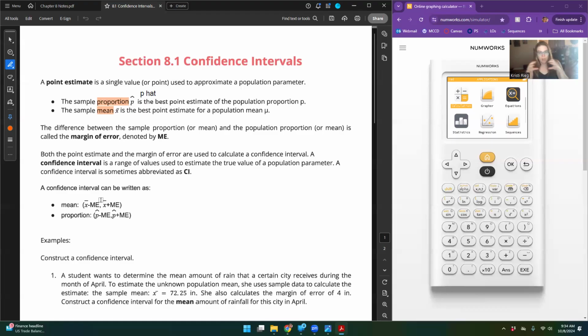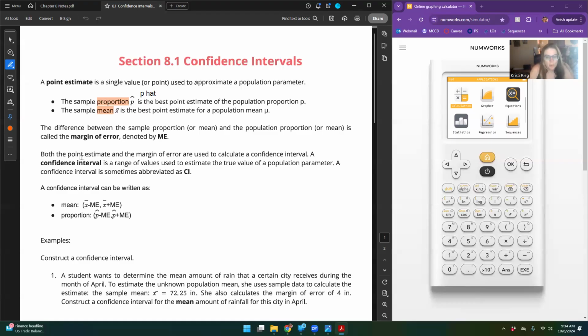So somewhere in that range is the true mean. Same thing with proportion. We have the sample proportion minus the margin of error all the way to the sample proportion plus the margin of error, and the true proportion lies somewhere in there. So we're just coming up with a range, an interval, where we think, based off the data, the true mean or the true proportion of the population lies.